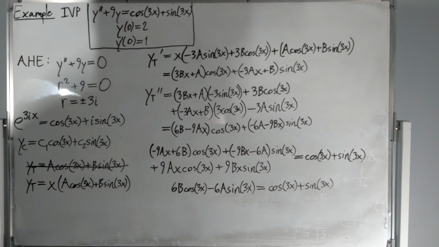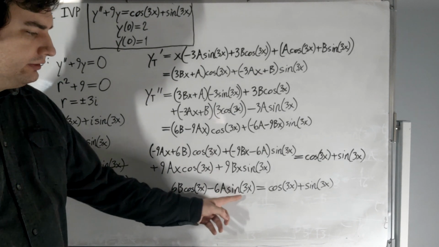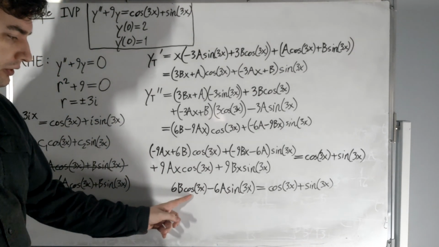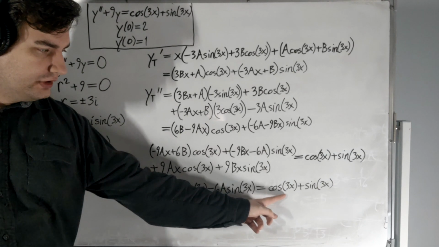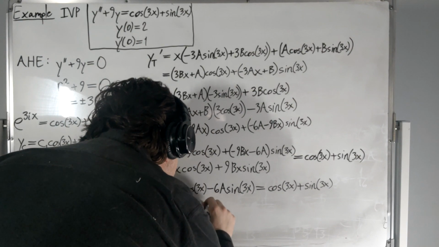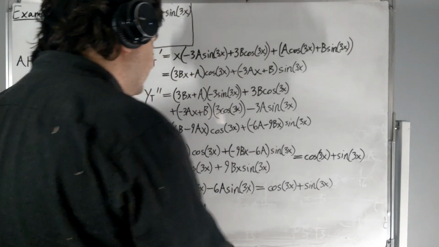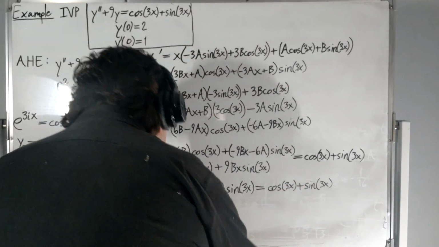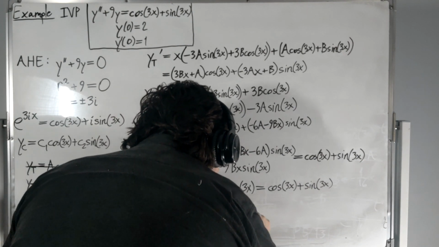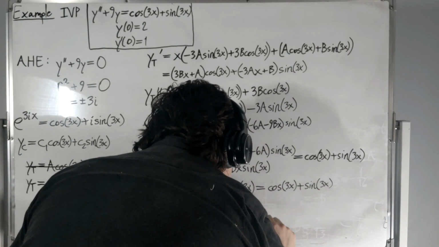Now, cosine 3x and sine 3x are linearly independent functions, so the coefficient on cosine 3x here is equal to the coefficient on cosine 3x here, which means 6b equals 1. And negative 6a is also going to be 1 because it's the coefficient on sine 3x. So negative 6a equals 1, and what we get here is b equals 1/6, a equals negative 1/6.